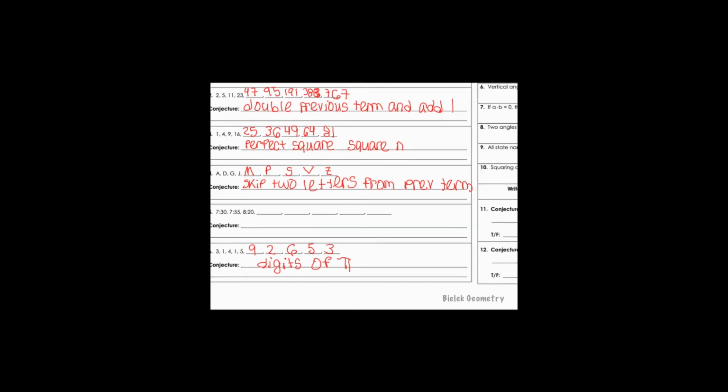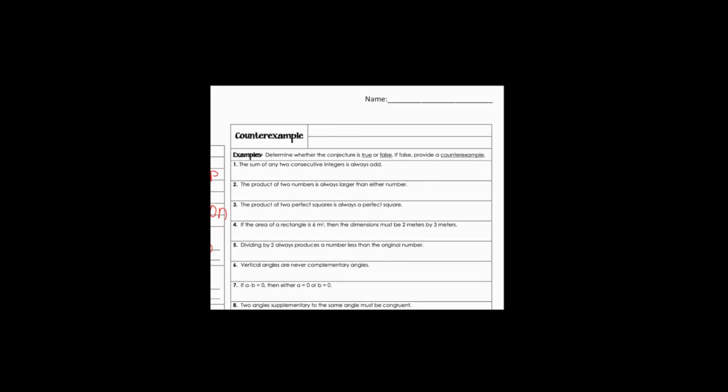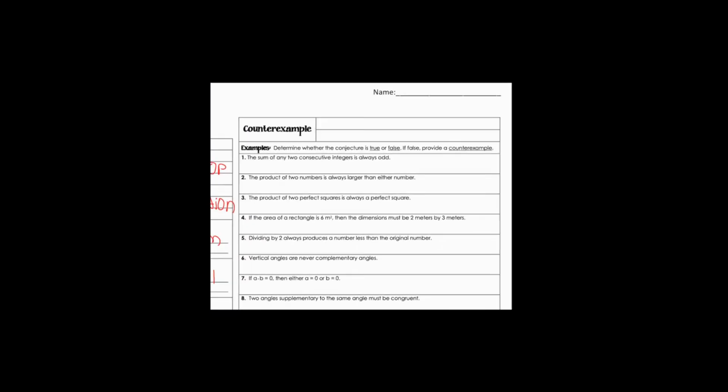Okay, so continuing on to that other side. So this one, we are also going to talk about counterexamples. So a counterexample is an example that proves a statement false.